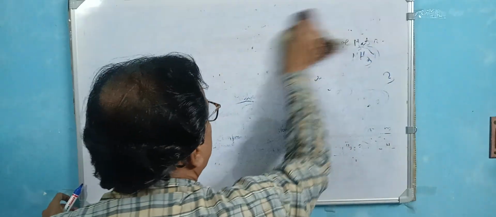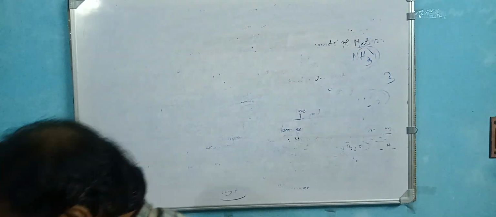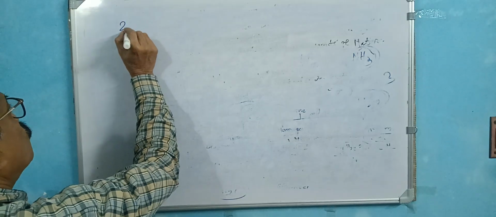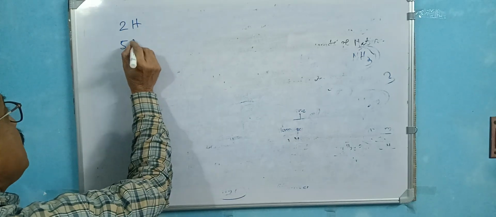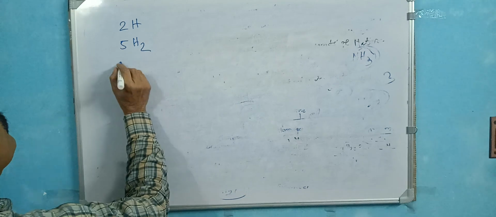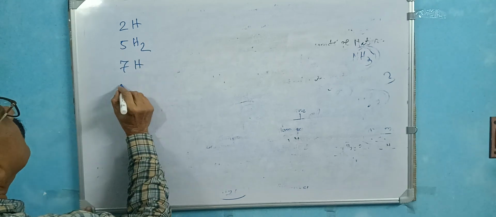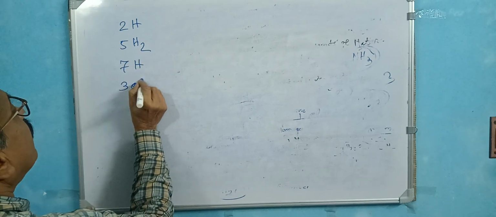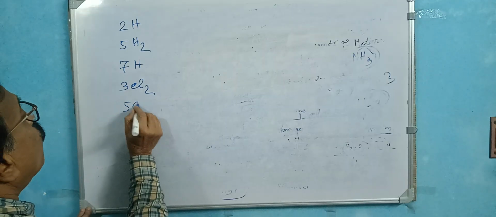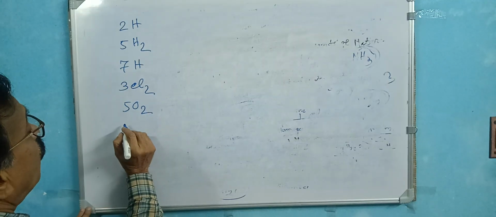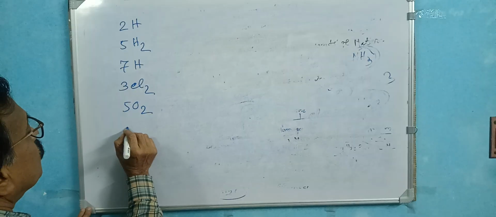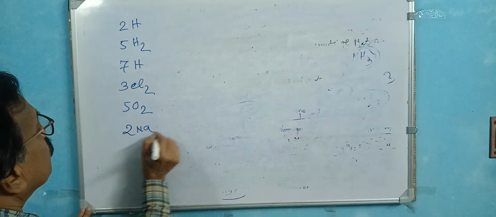What is the basic difference? Suppose 2H, 5H2, 7H, 3Cl2, 5O2 or 2Na. What is this?